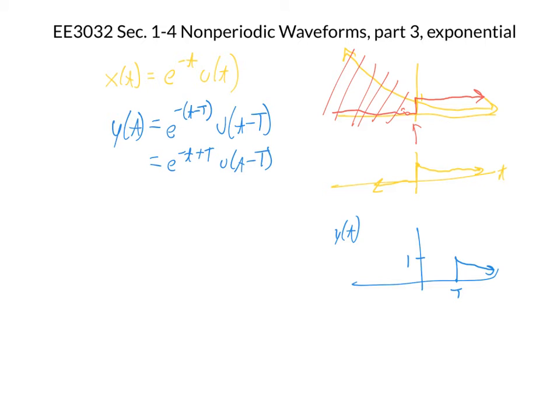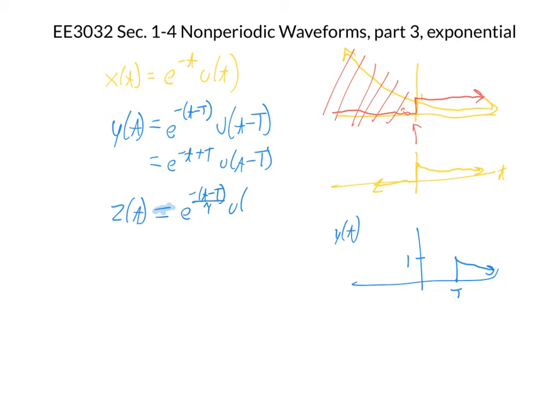So the final thing that we want to do is talk about being able to change the decay rate of the exponential. So what we do there is we take the original, but we add a time constant tau in the exponent. So here I have the exponent in the factored form.